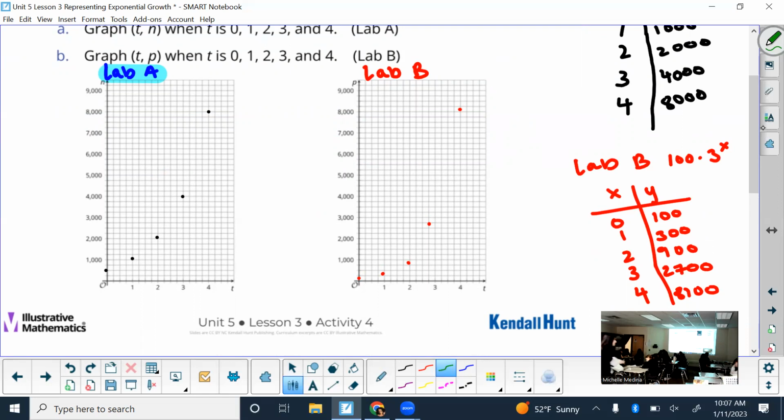All right, we'll really look at graphing another day, but just to compare them. Which lab starts at a higher amount? Lab A. It starts at 500. This one started at 100, so lower on the graph. Which one grows at a faster rate? That might be a little hard to tell, but which one?